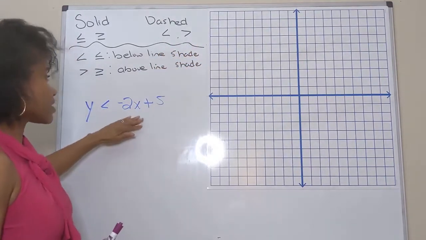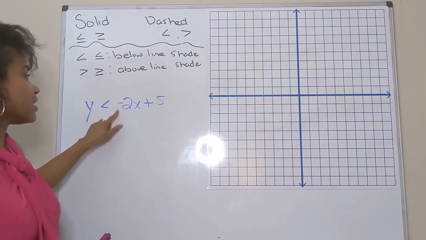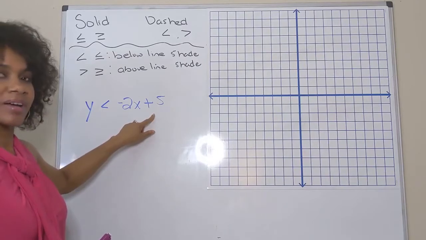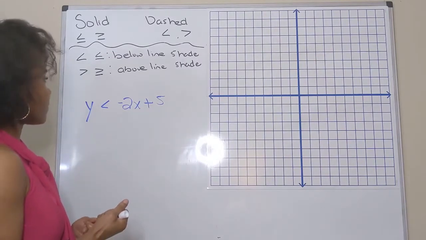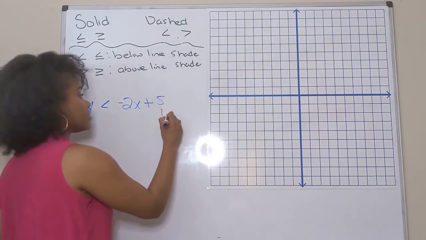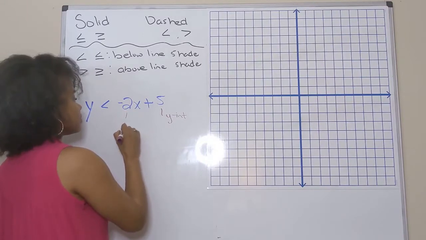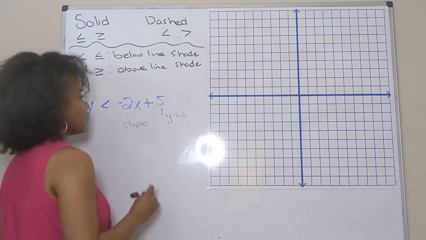All right, so let's try this first problem right here. We have y is less than negative 2x plus 5. So let's go ahead and just graph it using slope-intercept form. So this is my y-intercept, that 5, and then negative 2 is my slope.